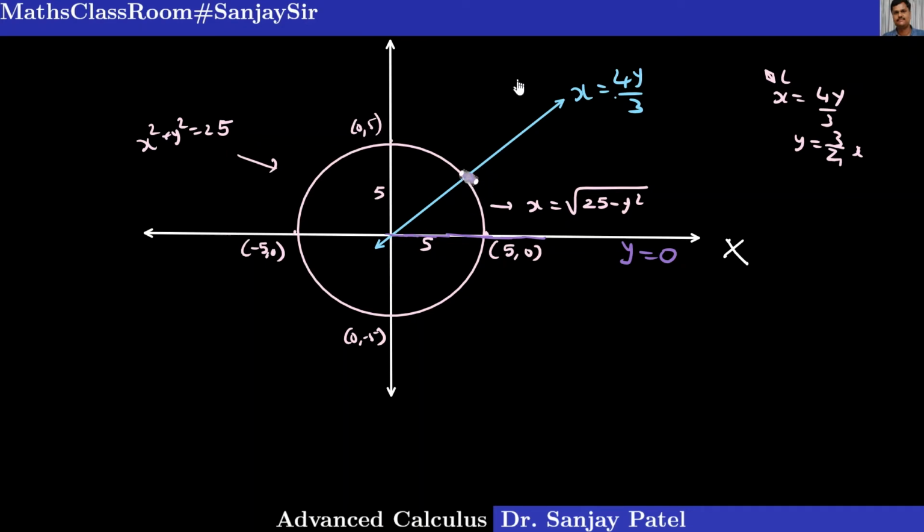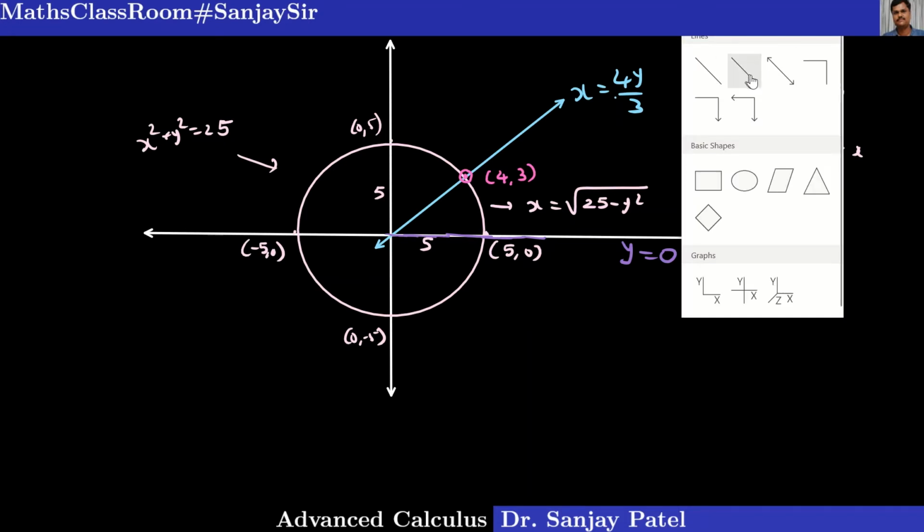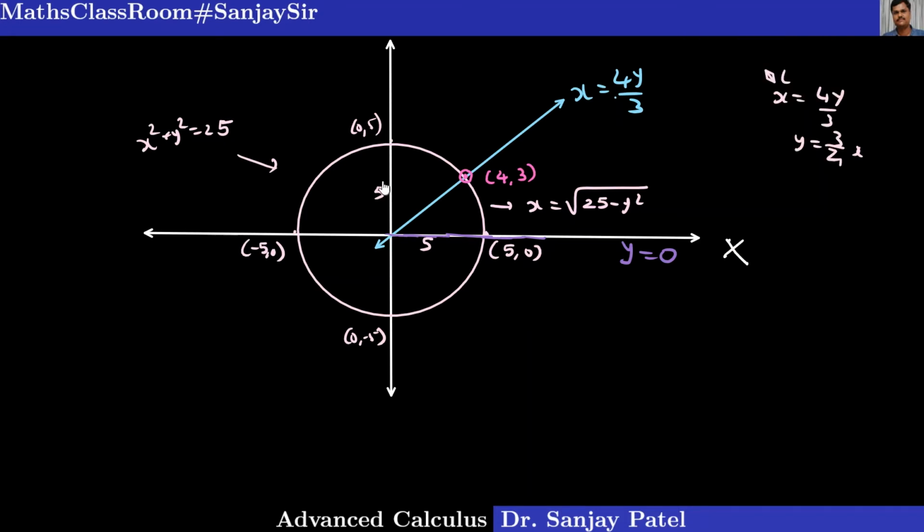This point of intersection is (4, 3). So here y is equal to 3 and x equal to 4. So I can draw a line which is passing through this point and parallel to, say, the x-axis.